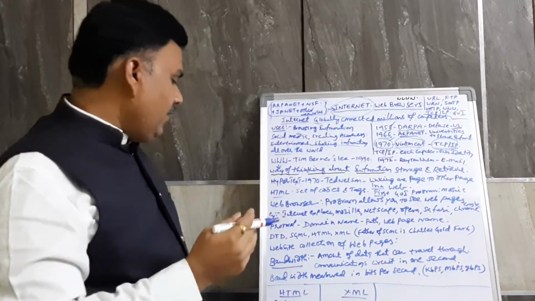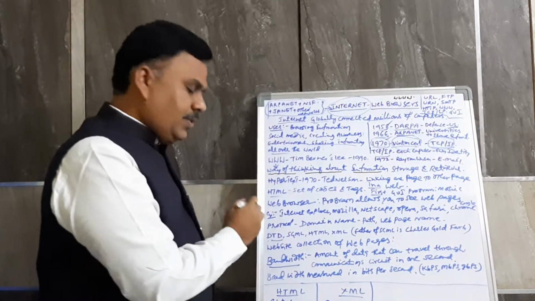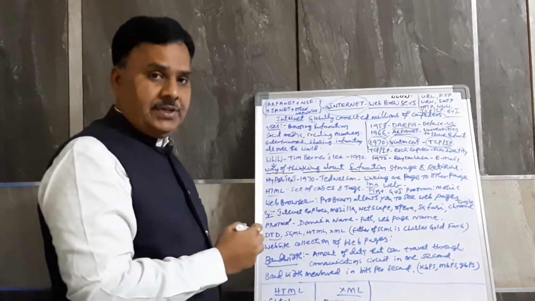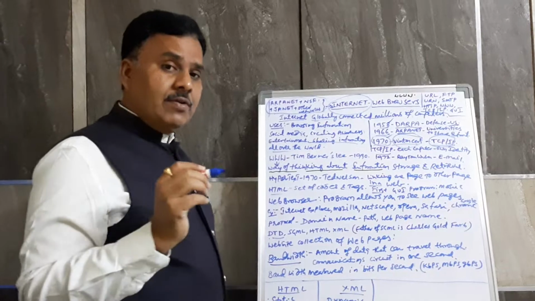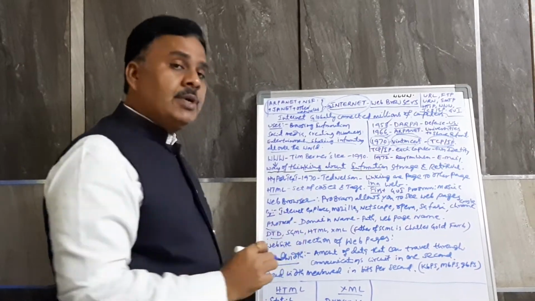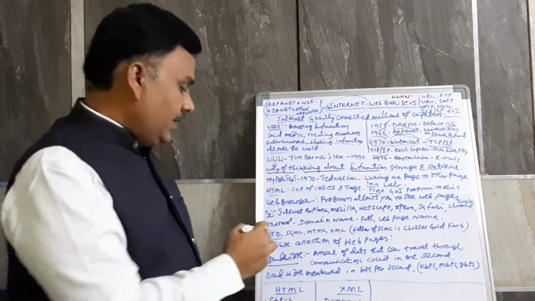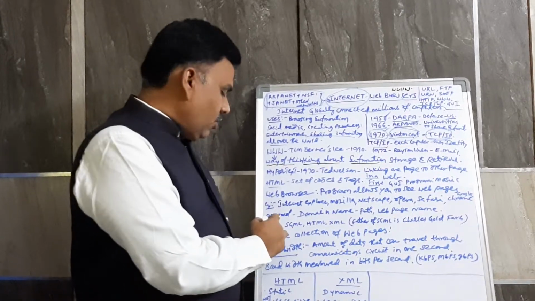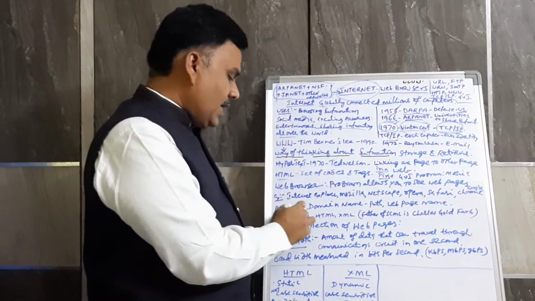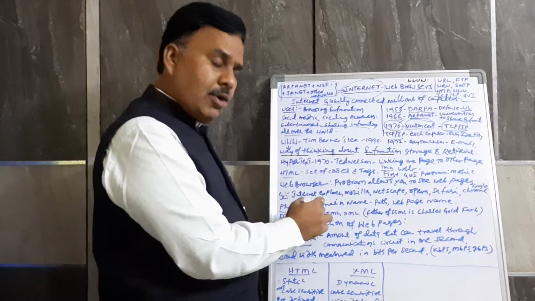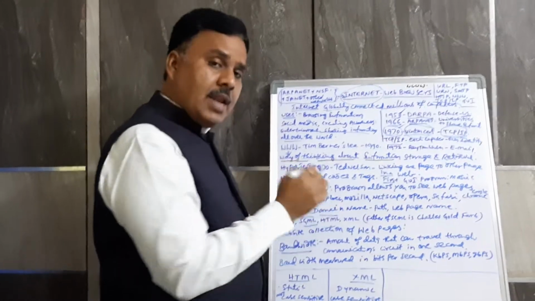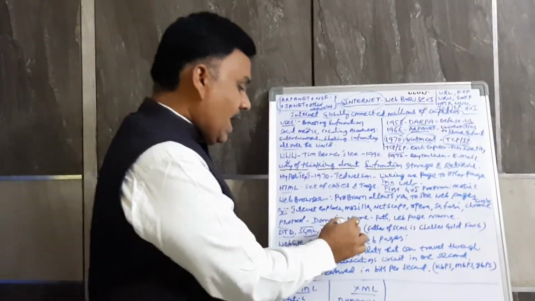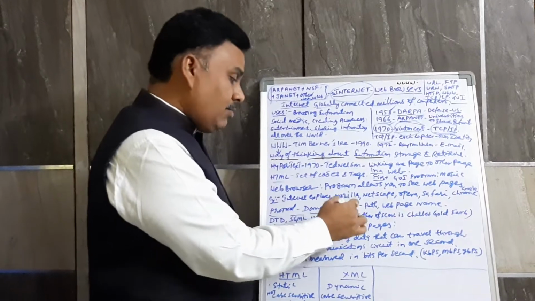Chronologically, DTD was developed first, Document Type Definition. In the UGC NET, they will ask the chronological arrangement of the languages. DTD will come first, Document Type Definition, then SGML, Standard Generalized Markup Language, then HTML, Hypertext Markup Language, then XML, Extensible Markup Language.